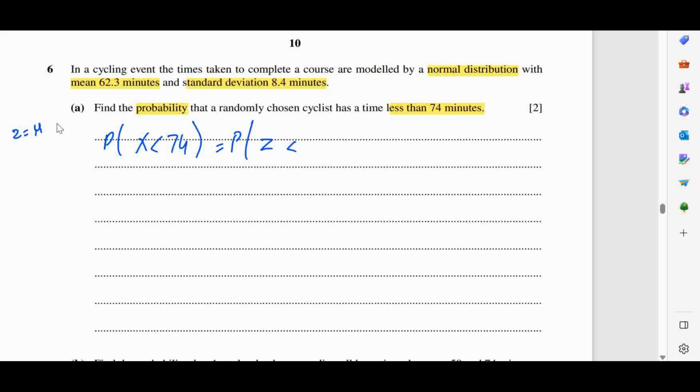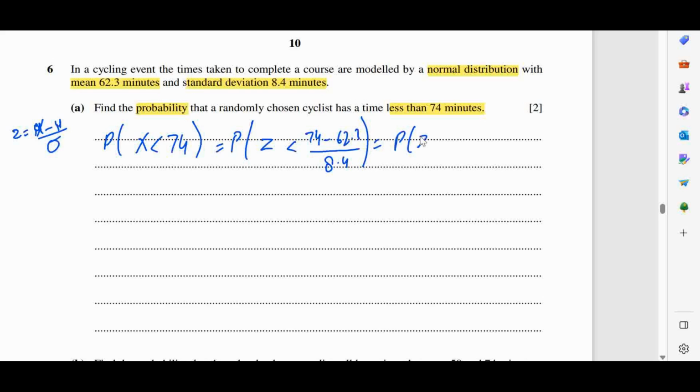x minus mean, divided by the standard deviation. So here the value of x is 74 minus the mean, that is 62.3, whole divided by 8.4. So let's find it out.